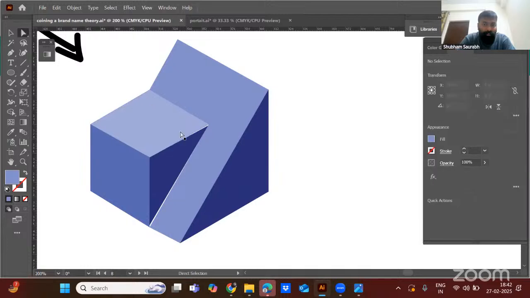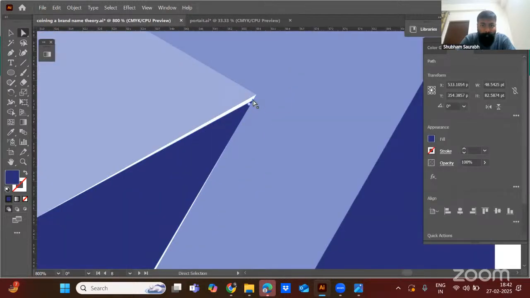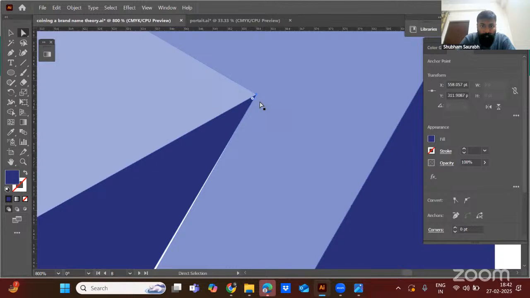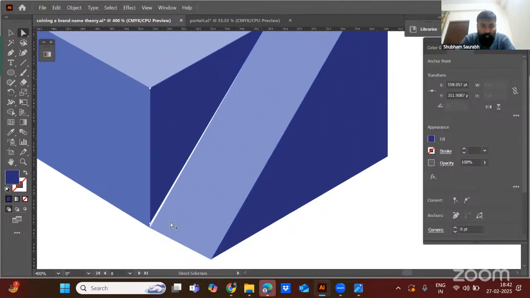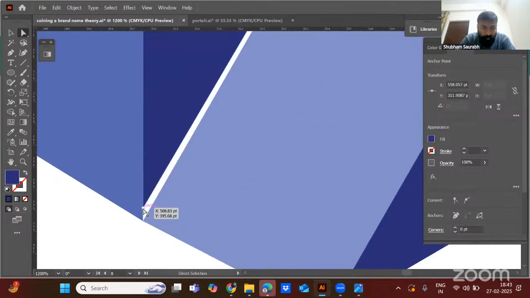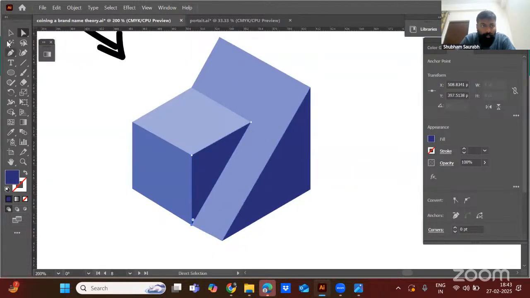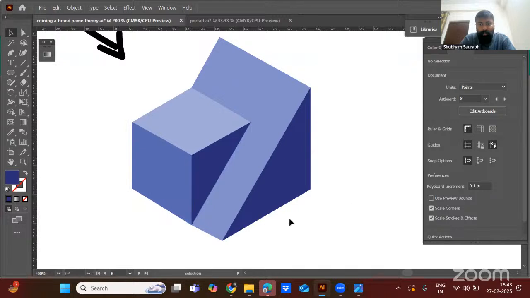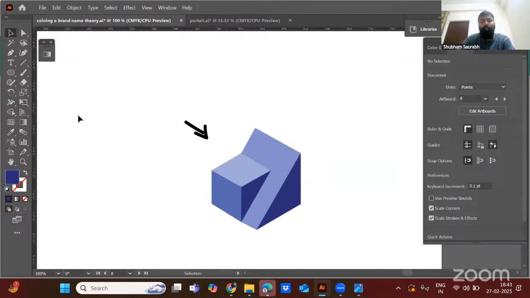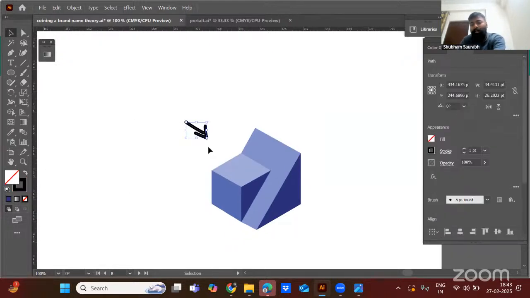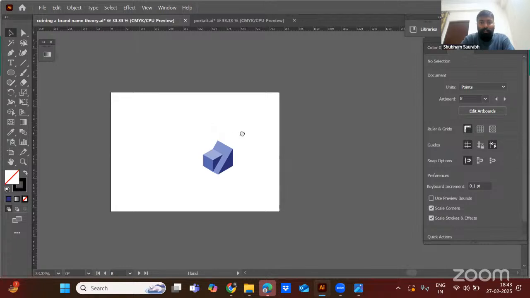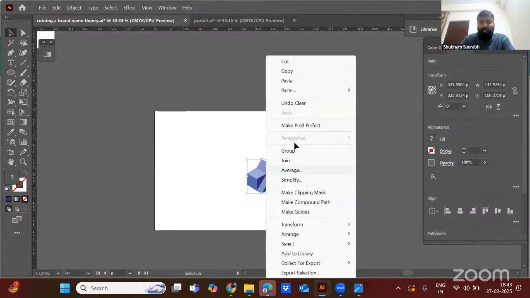Okay. Let's fix it a little bit. Okay. So now we have a nice drawing of a 3D block. Okay. What we have to do now, now the composition work begins.